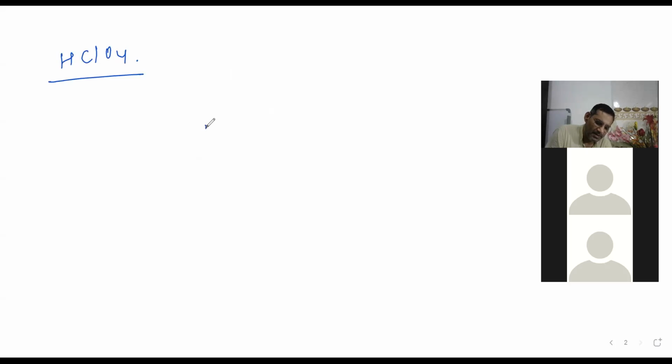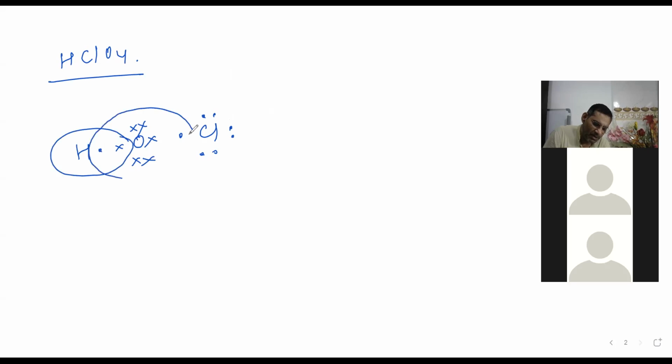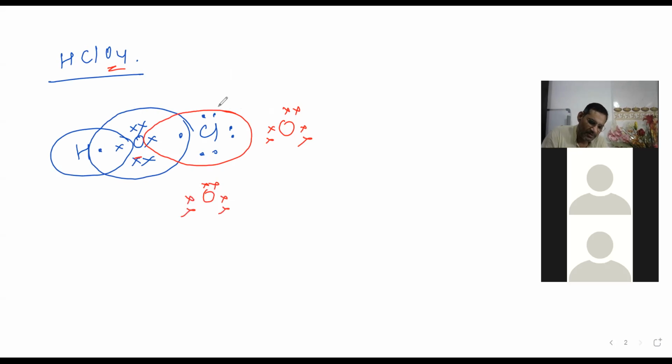HClO4. Cl, again 7 electrons, 1 unpaired. This will be oxygen and one more hydrogen, paired, octet completed. Now here the octet is completed. Now 4 oxygen, 1 is already written, 3 more are there. So 1, 2, 3.